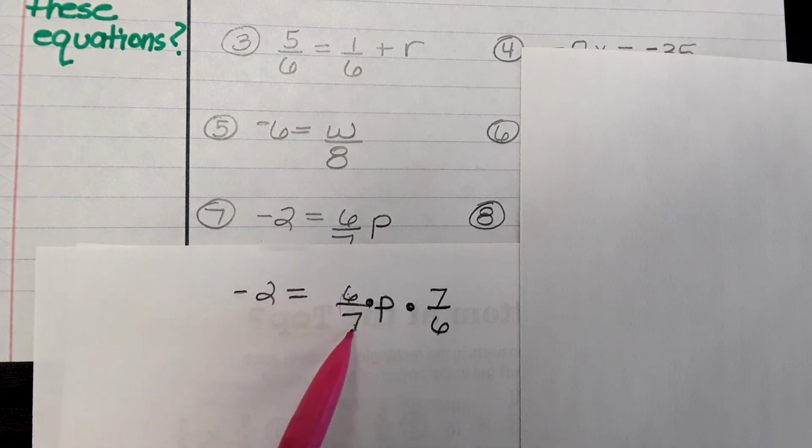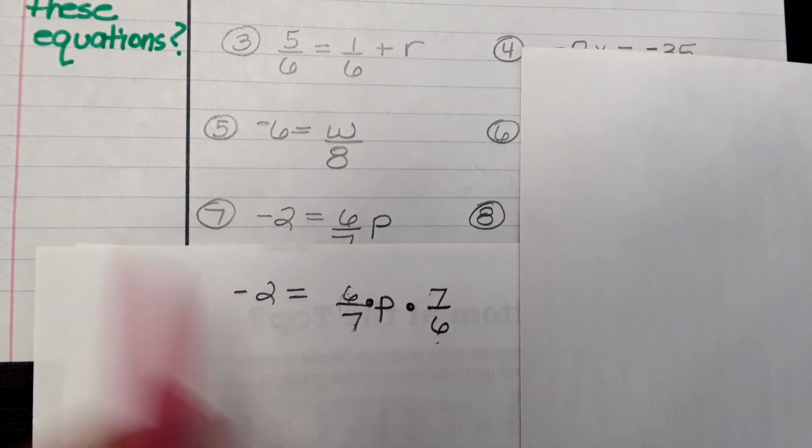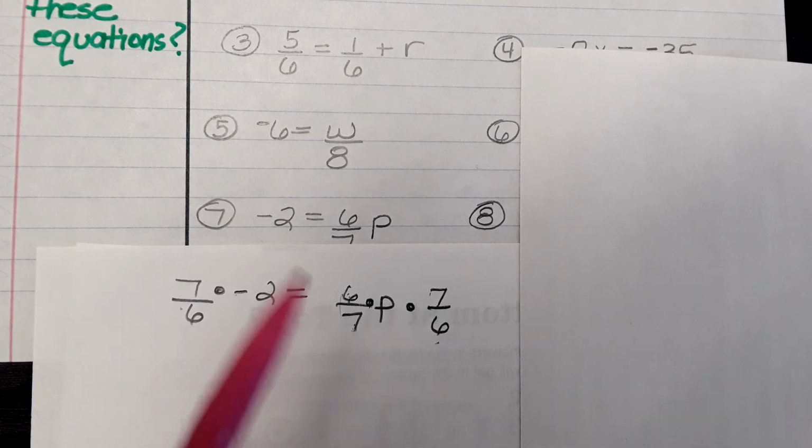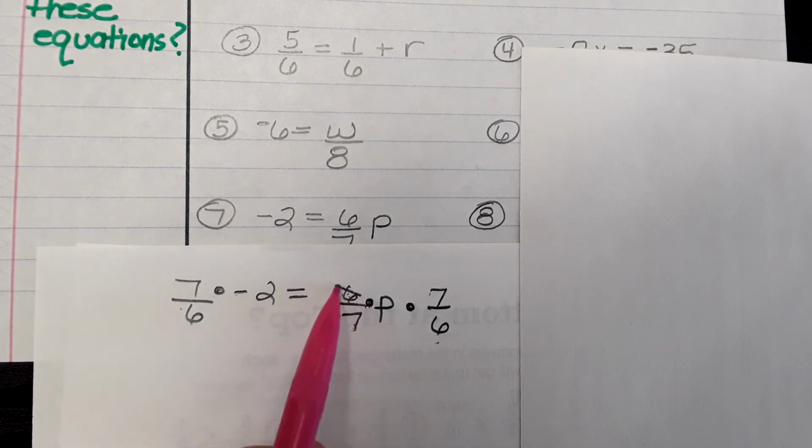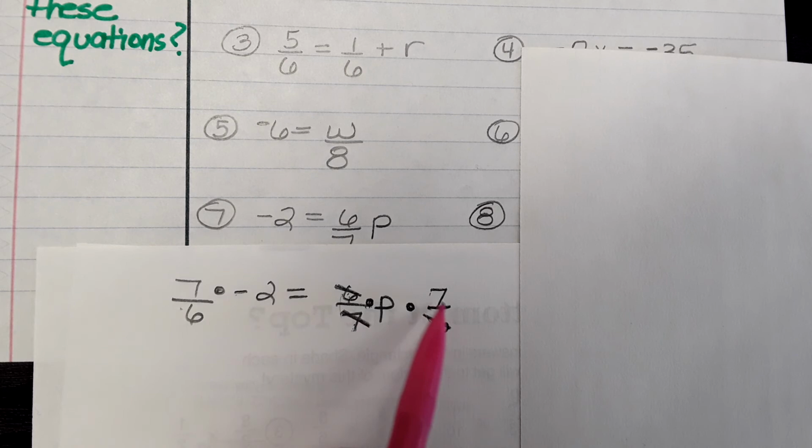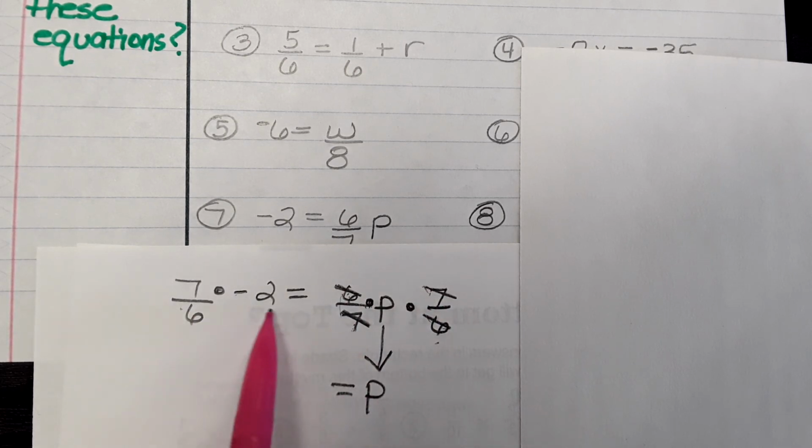The reciprocal of 6/7, just flip it. It's 7/6. Then I'm going to jump over here and do the same thing. I'm going to multiply by 7/6. Now the nice thing about multiplying by the reciprocal, the 6's cancel and the 7's cancel, leaving you with the variable p.